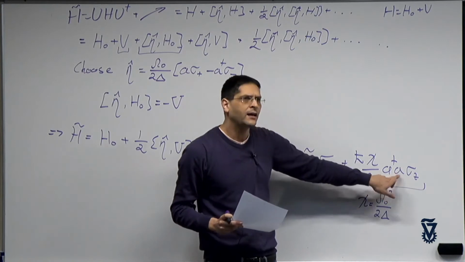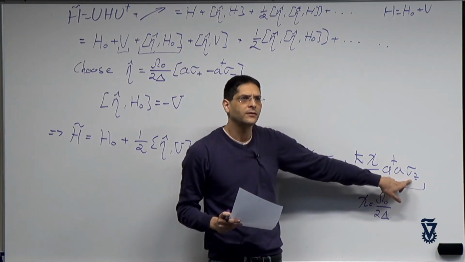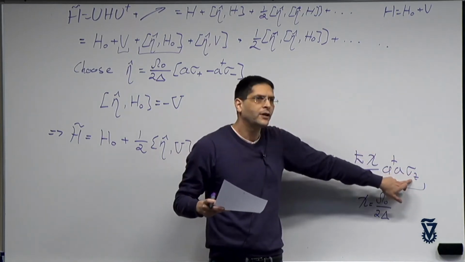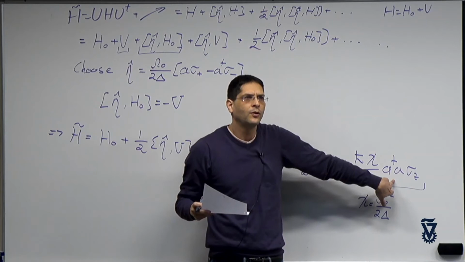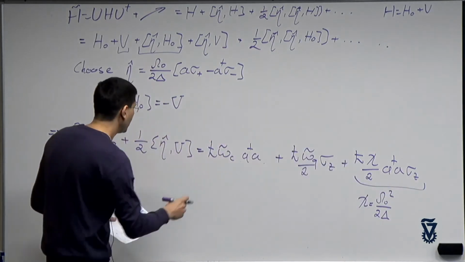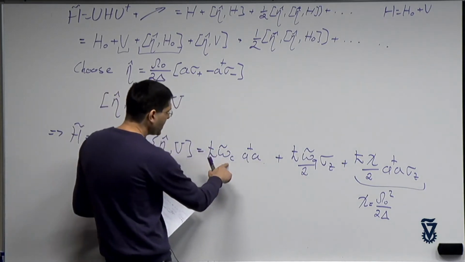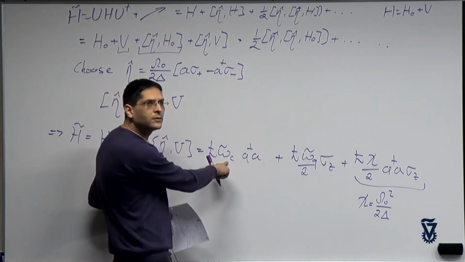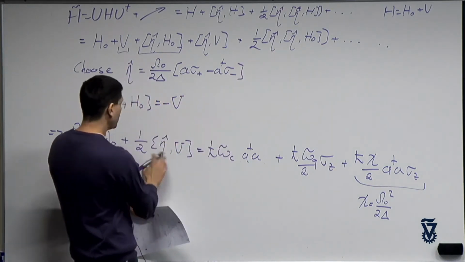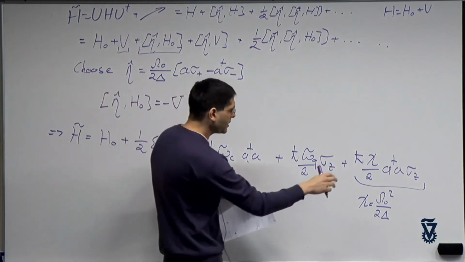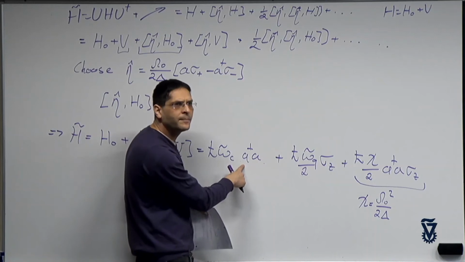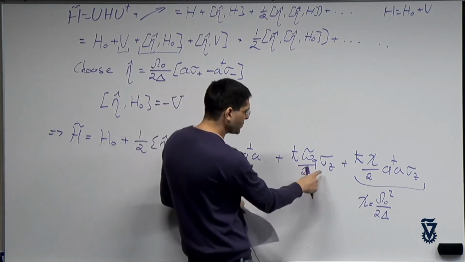We have A dagger A and sigma Z. That's basically our so-called number operator for the qubit and the number operator for the field. So we're commuting with that. This omega C here is very close to omega C. If you do the calculation and you plug in and you do the commutators, you're going to get extra terms, and some of these terms are going to have A dagger A in them, and some of those terms are going to have sigma Z.